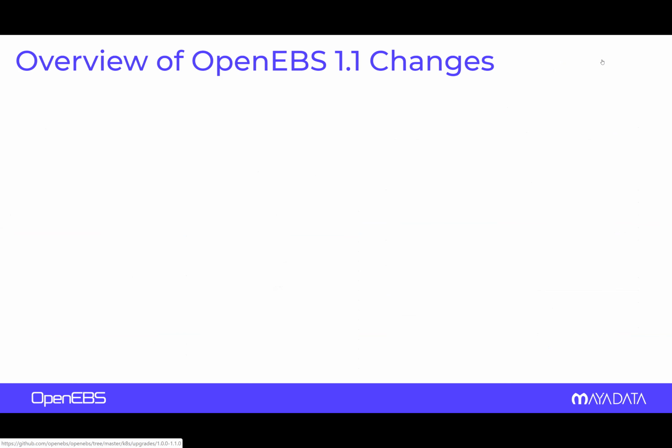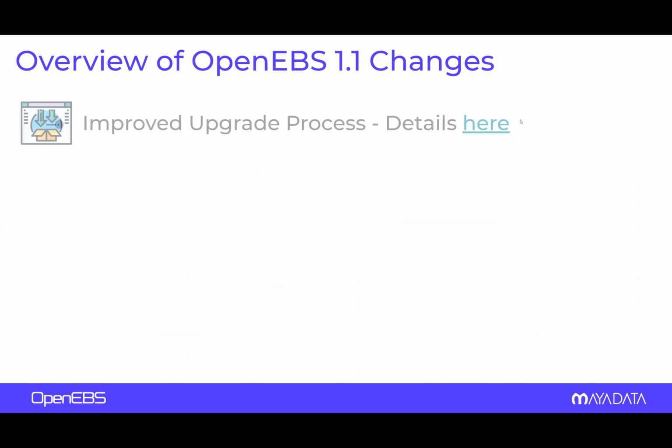Okay, let's get into new features and changes in 1.1. A significant improvement in the upgrade process compared to earlier releases is introduced. Upgrades can be triggered as Kubernetes jobs instead of downloading and executing shell scripts.